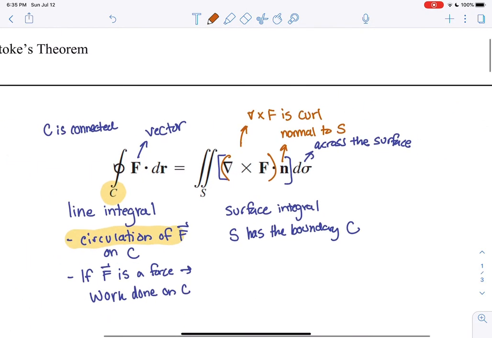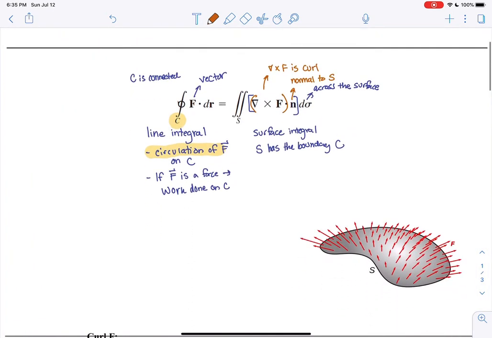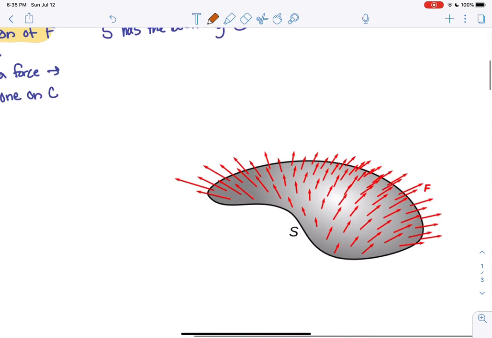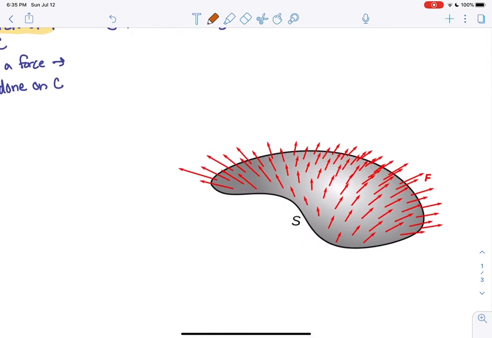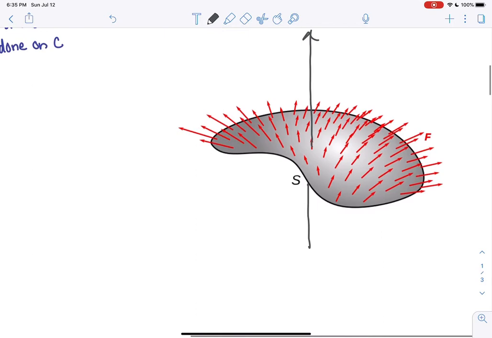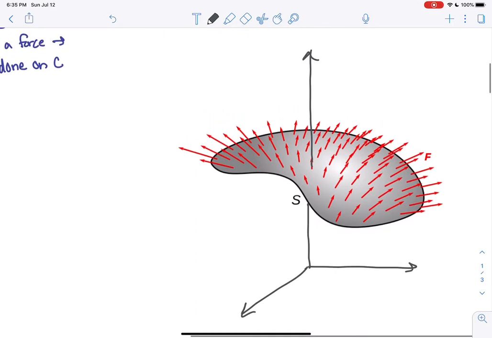I think it would help to take a look at a picture real quick, just to make it a little bit more clear. Here we have a surface. Let me put some axes on it just so we can place it in space. So here we have a surface in R3.